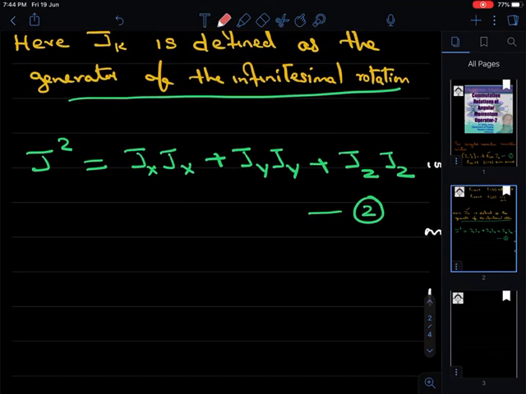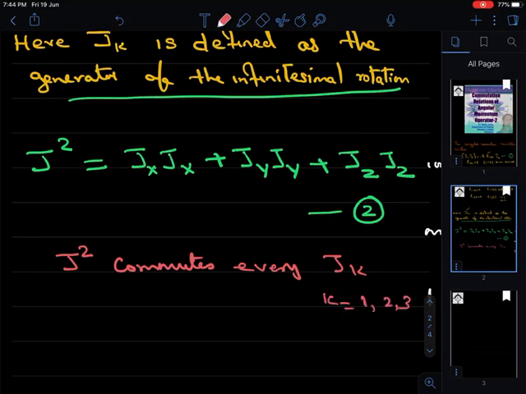Now the behavior of J square is that it commutes with every Jk. Okay, what does it mean? K is equal to 1, 2, 3. That means if it is 1, you call it x component, 2 y component, and 3 means z component.